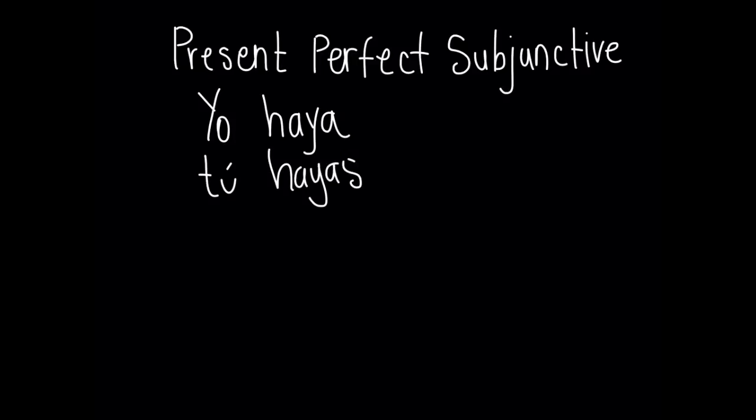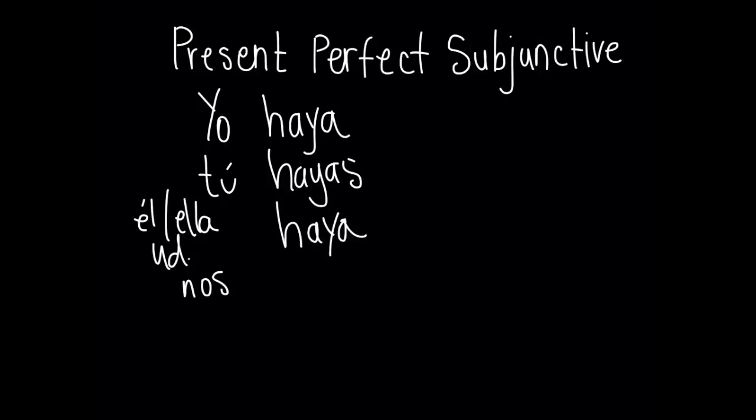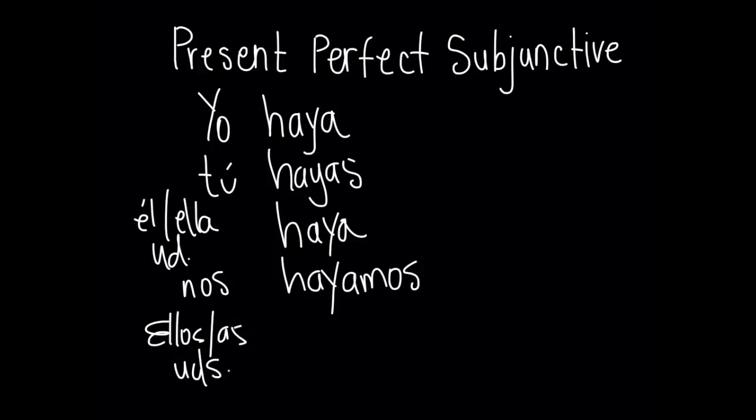So now, let's look at how to form the present perfect subjunctive. All you need to do is put the verb haber in the present subjunctive form. Yo haya, tú hayas, él, ella, usted haya, nosotros hayamos, ellos, ellas, ustedes hayan, followed by a past participle.